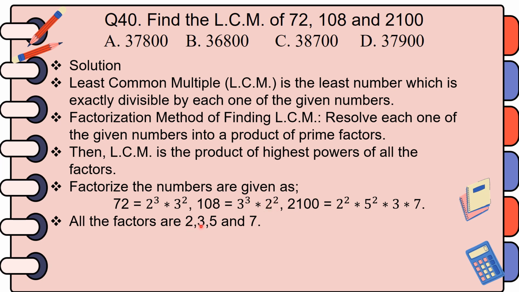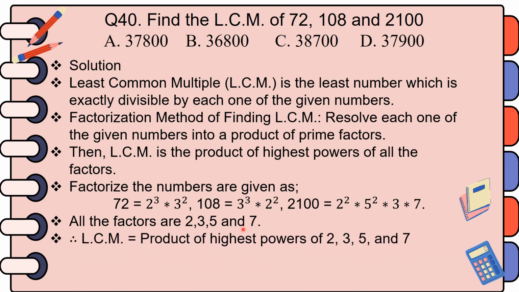So we have 2, 3. Then there is 5 on the number 2100, so you take 5. Again 3, but we have already taken 3. Then 7, there is 7 on the number 2100, so you take 7. These are the list of all the prime factors.